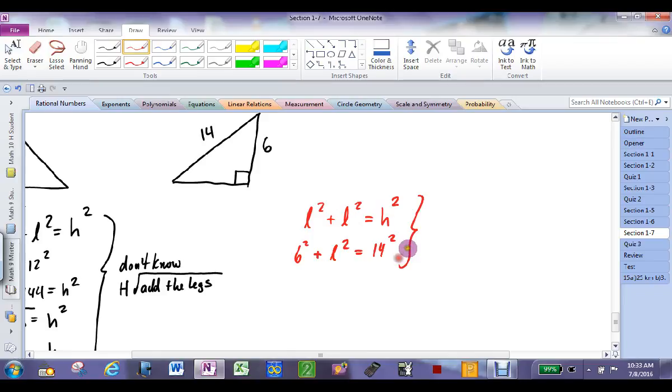Because we're going to do a unit to remind you of algebra, because you guys are poopy at algebra. If you don't know a leg, then you have to do the square root of the hypotenuse squared minus the leg squared. So this one, you add the legs and you square root it if you don't know the h.